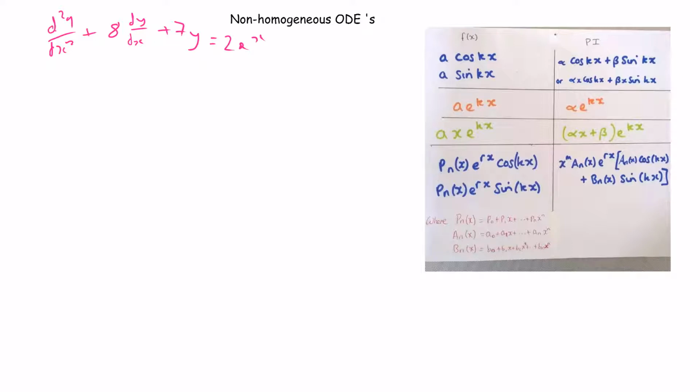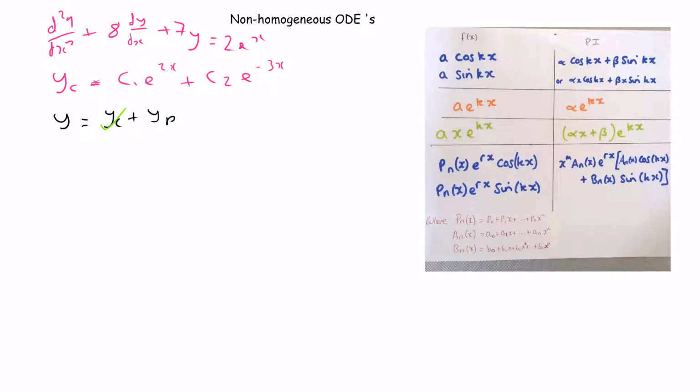So in the previous video we had that the complementary function, and I believe we just called it the general solution, but now it is the complementary function, is equal to c1 e to the 2x plus c2 e to the negative 3x. So we know, as I just said, that y is equal to yc plus yp, and we now have yc. That is done.